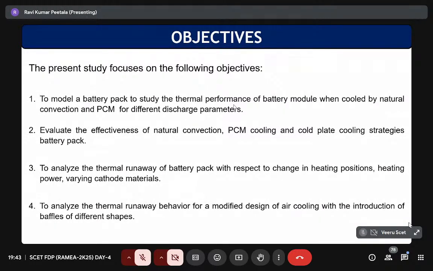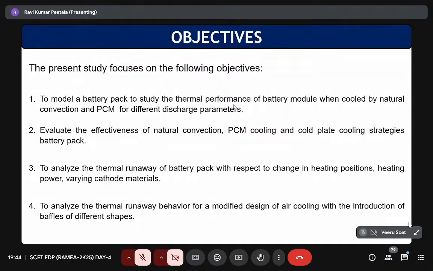That is what we want to study, along with the effectiveness of PCM, natural convection, and cold plate strategies for the battery pack. We also analyze thermal runaway in the battery pack with respect to changes in heating positions: where the cell is heated, where heating starts, and how the heat dissipates in the various regions of the pack, or in a single cell also.